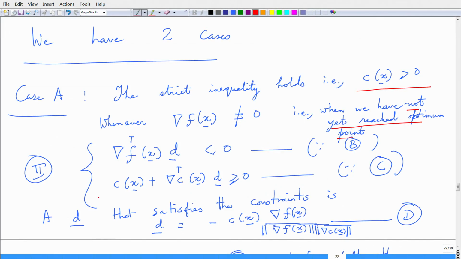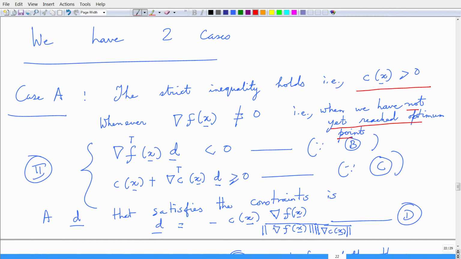Here we have an inequality constraint, that is C of x plus del C transposed d is greater than or equal to 0. Now, we group these two inequalities and call this the inequality set, numbered 2.